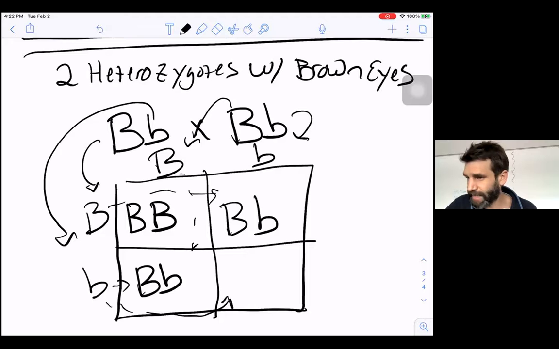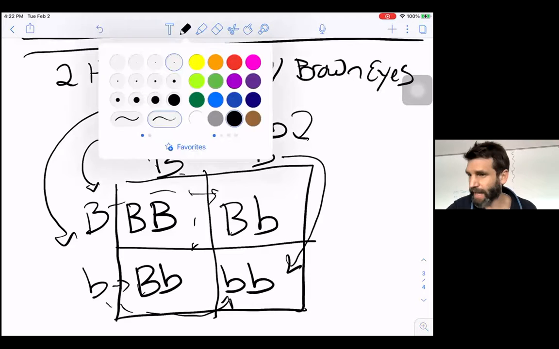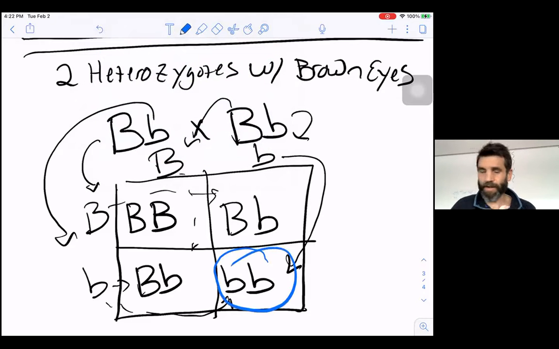And here is an interesting fact. These two little b's would come here, and you actually get blue eyes there. So two brown-eyed individuals could produce an offspring that has blue eyes in this case. And that's because they both carry the trait, even though it's not being displayed, because they have the other version.